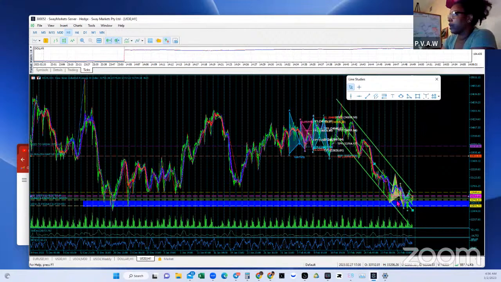Okay, so we have the inverse cup. We don't have a handle yet. So I'm expecting us to get a handle. So that's what we need now.